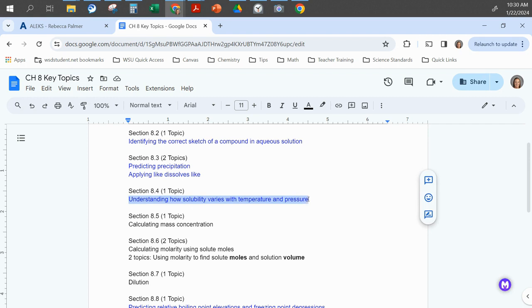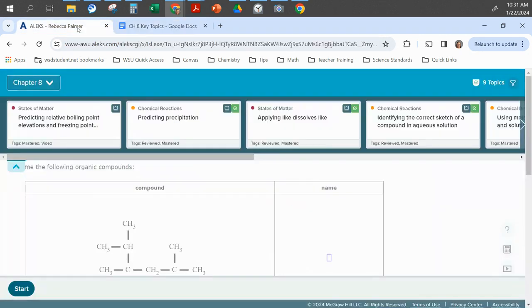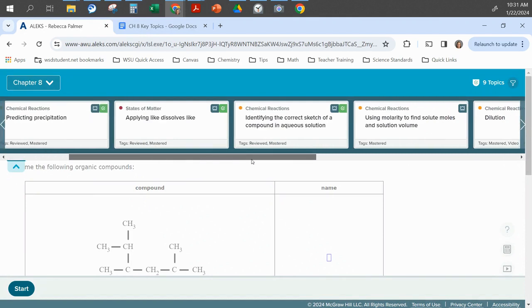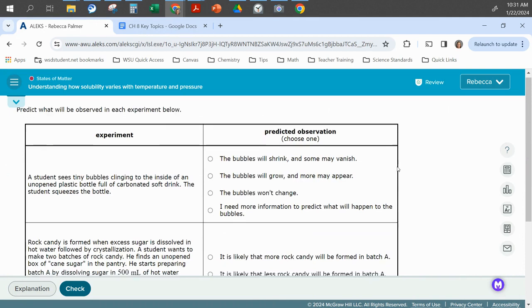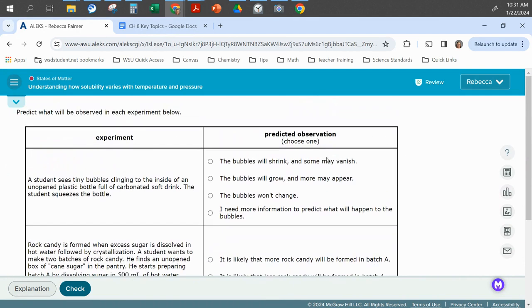Understanding how solubility varies with temperature and pressure. This one is a reasoning question. Okay, so let's write down a few rules that we're going to use, and then we'll do the question.